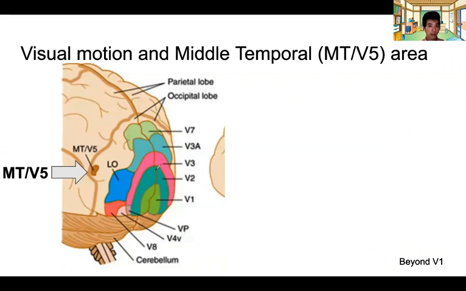V1, V2, V3, that's what we already covered. And then MT or V5 is located slightly anterior or temporal to the visual cortex, like this way. And this area tends to contain lots of neurons that respond to visual motion.